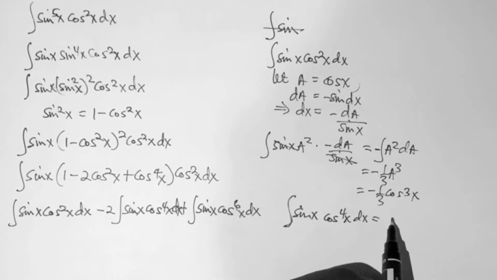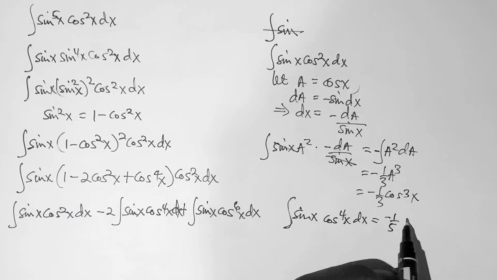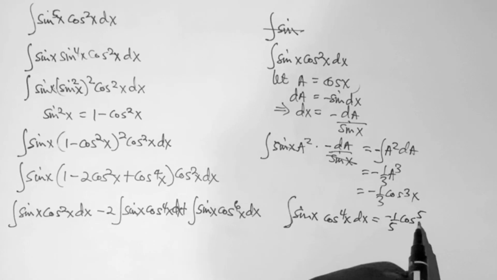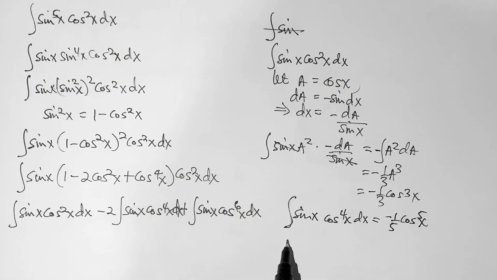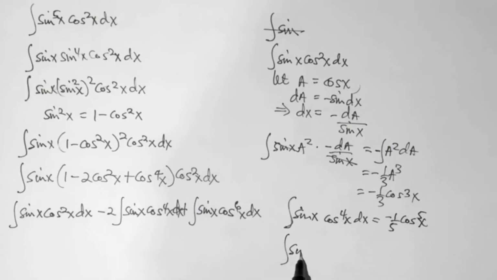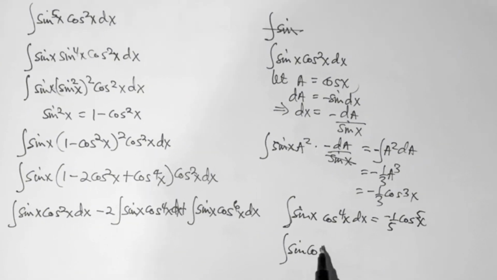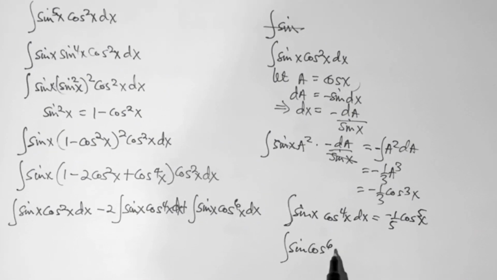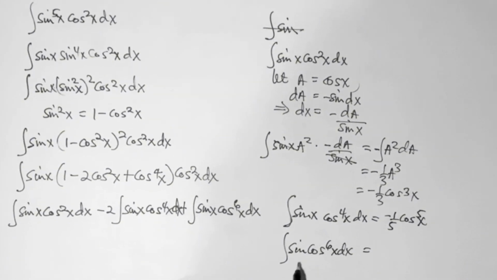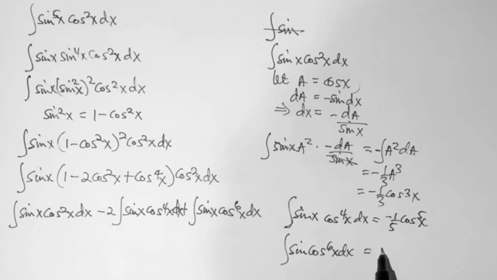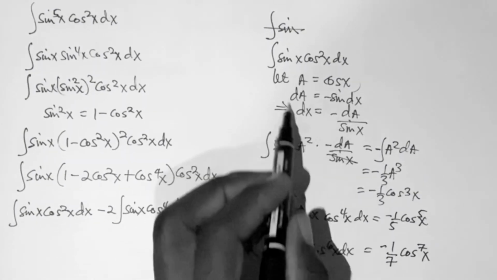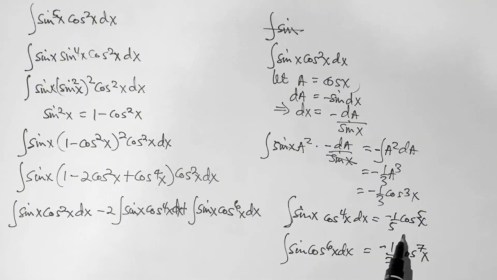So that will give us minus 1 over 5 cos^5 x, and then integral of sin x cos^6 x dx will become, so you add 1 to the 6, which will be 7, so minus 1 over 7 cos^7 x. If you go through these previous steps, you get all of these answers.